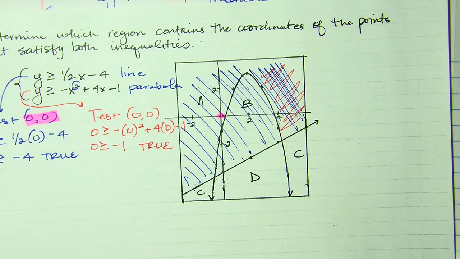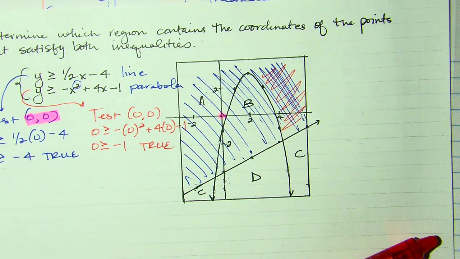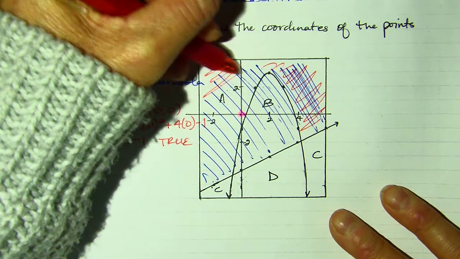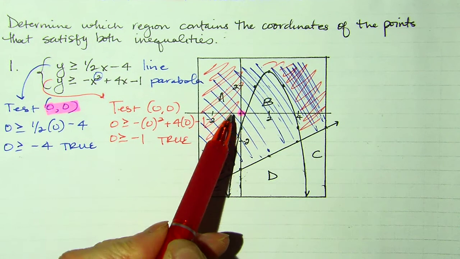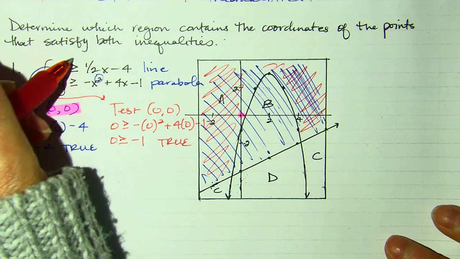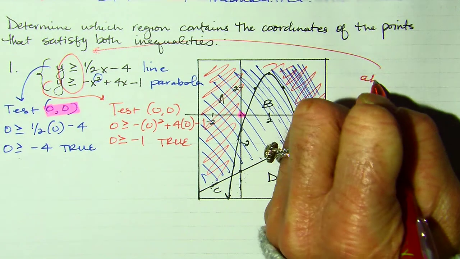Those are the only two options, right? With a line, it's above the line or below the line. With a parabola, it's either on the outside or underneath or inside. And in this case, since 0, 0 was true, I'm shading on the outside. The other method would be to look at both of these, and since both are greater, I shaded above.